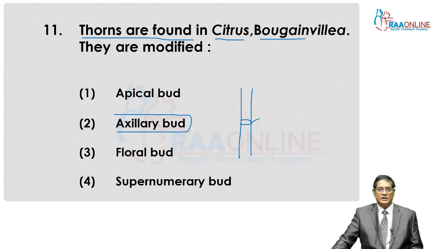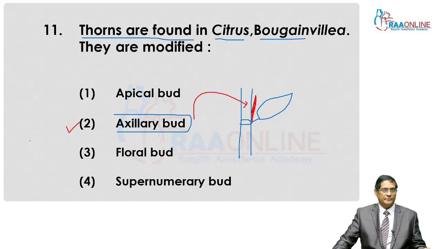From the node you see a leaf arises and you see a hard pointed structure in the axil of the leaf. This is thorn. It is the modification of a bud and is meant for protection. So here the answer is axillary bud.